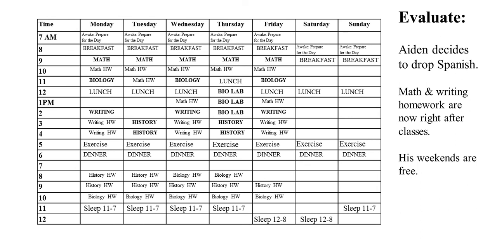Aiden dropped Spanish. He kept track of the time he needed for each course, and then he made adjustments. I would say this is a lot better. His weekends are free, but he'll still need to make more time for school activities and to spend time with friends. So what do you do with your schedule?